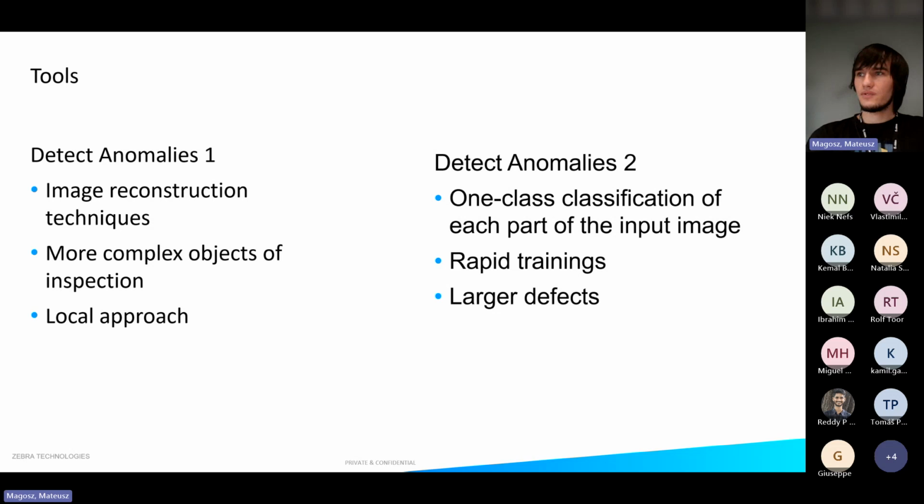But because it was still useful, we left it. But right now we usually use anomaly detection 2 for our inspections. And you have two approaches there. One is one class classification, and another is golden template approach.